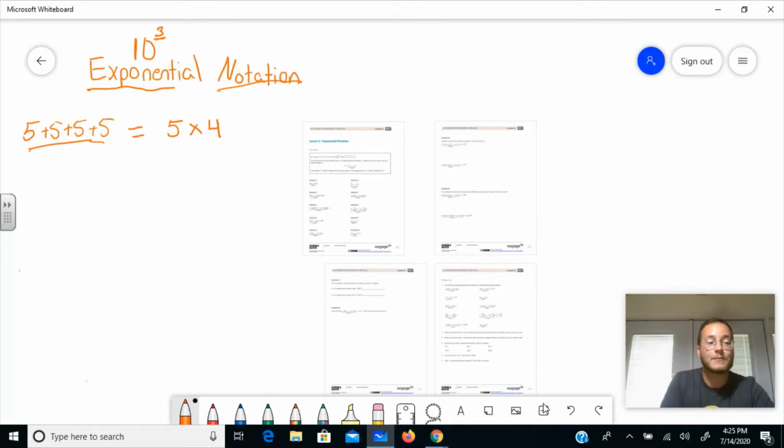Instead of going from an expanded form such as this, you bring it down into an abbreviated form. So if I were to have a repeated multiplication of 5 times 5 times 5 times 5, I know that 5 times 5 is 25, times 5 is 125, times 5 is 625.